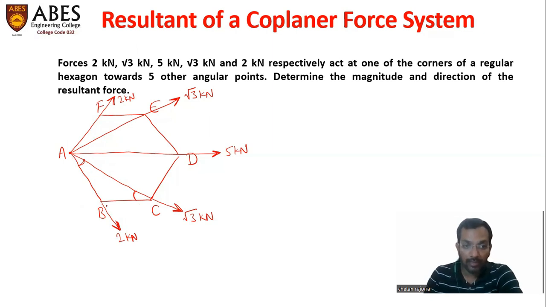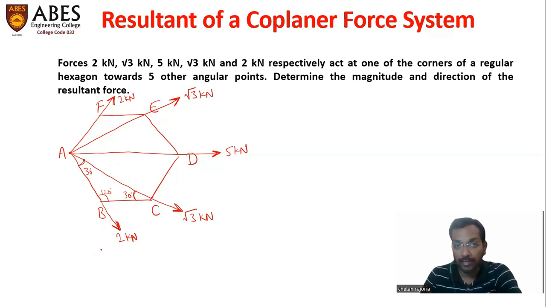Now in this triangle, angle B is 120 degrees. Therefore, the sum of the remaining two angles should be equal to 180 minus 120, that is 60 degrees. And that 60 degrees is divided into two halves. So angle CAB and angle ACB are 30 degrees each. So let's mark these angles 30 degrees and 30 degrees.